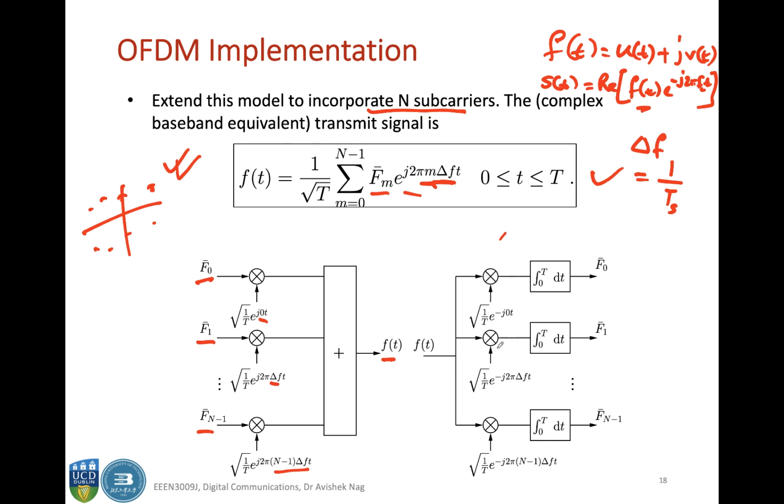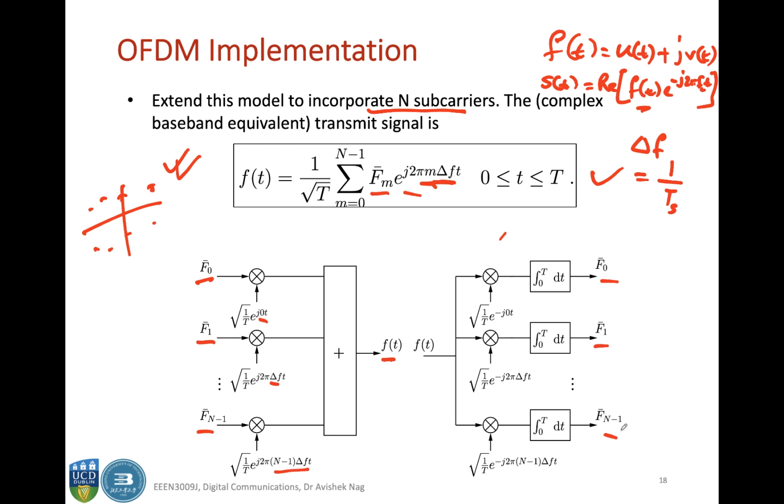Okay, so this f(t) is then received, and you do the correlation operation in the receiver to get back these symbols, capital F0 bar to capital F(N minus 1) bar.